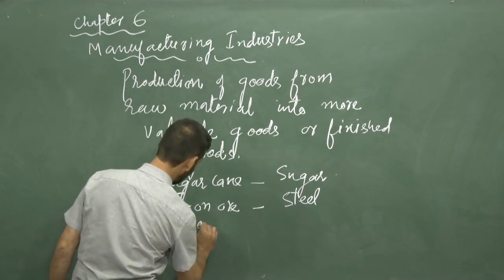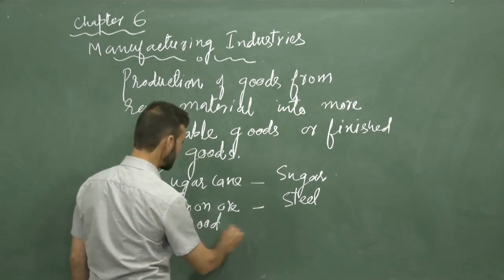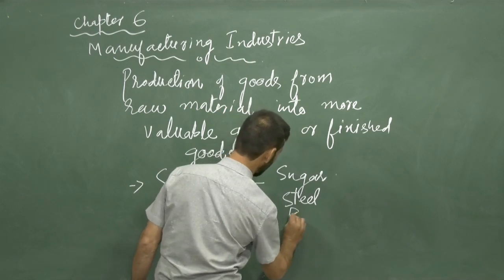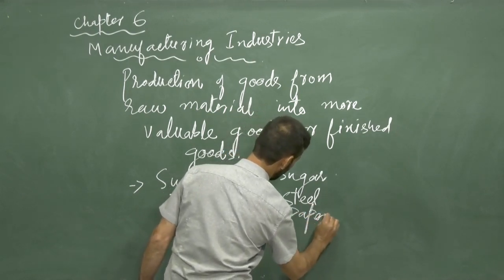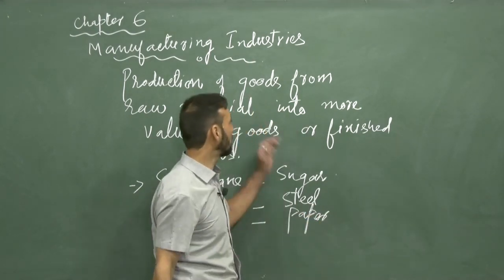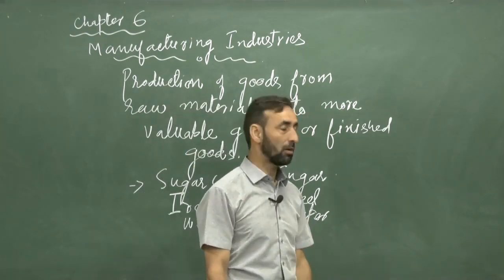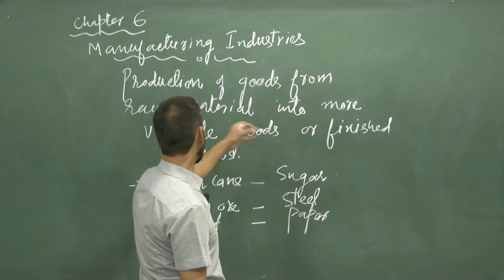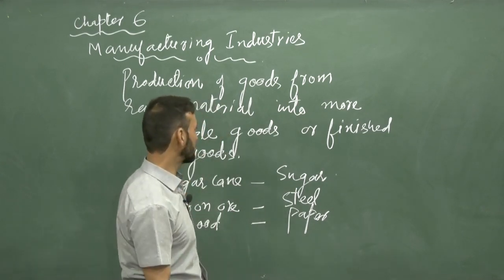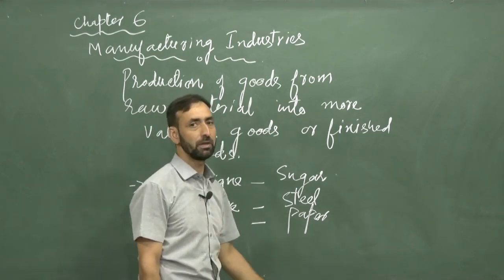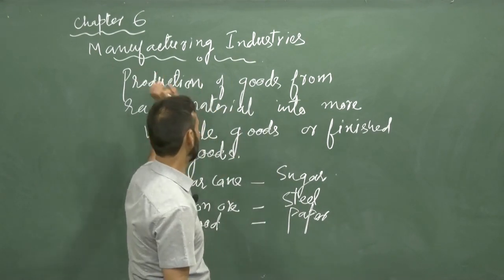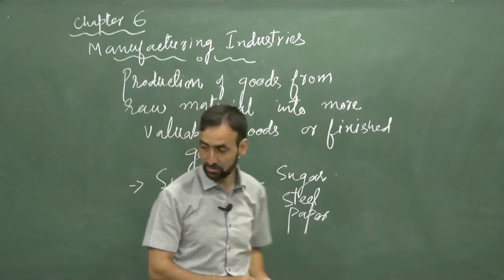Wood, from which we obtain paper. It is the raw materials from which we obtain more valuable and finished goods when they are processed in these machines or industries.